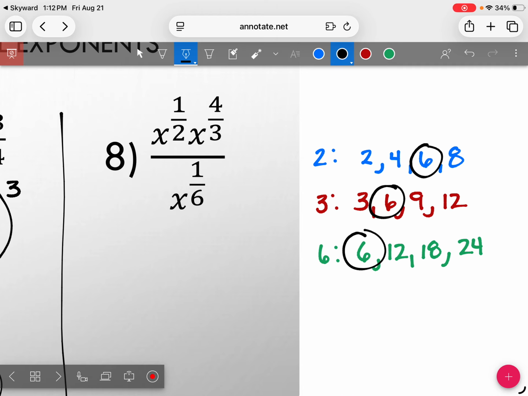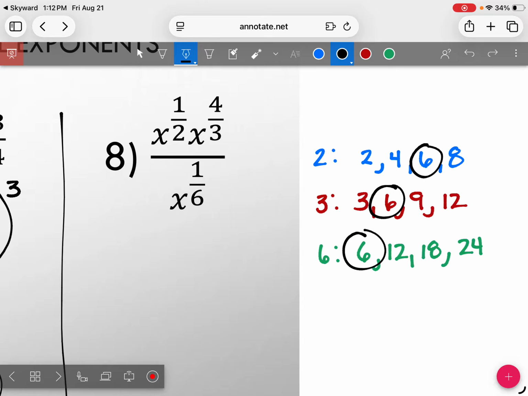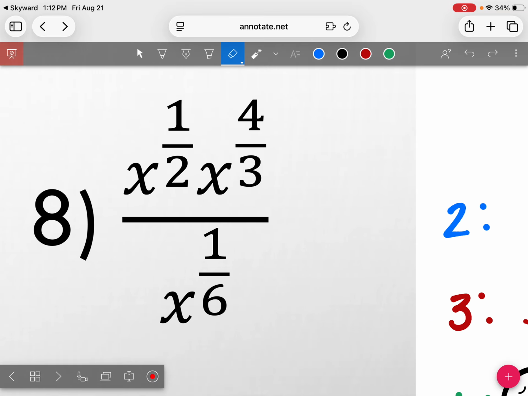Okay, so what I have to do is rewrite it so that everything is over a 6. Now, fortunately, I don't need to do anything with the bottom. That already has my 6. So in order to do that, I need to multiply the 1/2 by 3. And I need to multiply the 4/3 by 2.